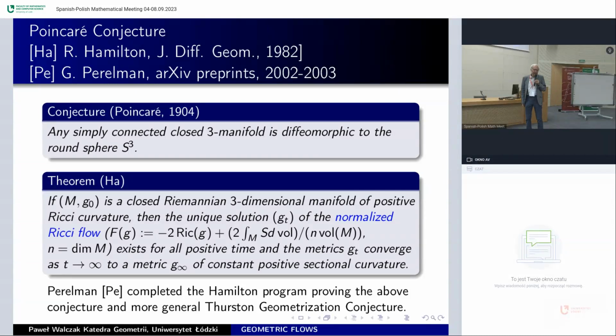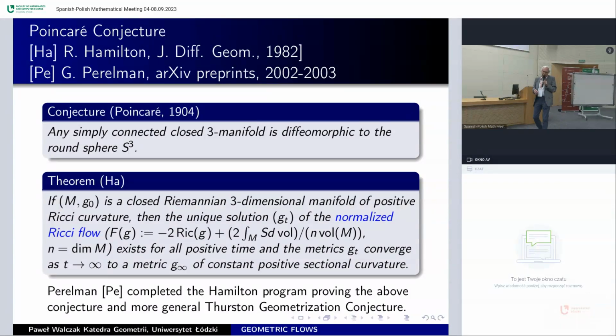And this was somehow solved step by step, and people involved in this story are Hamilton and Perelman. And finally, it is proved using the Ricci flow that indeed the conjecture is true. Every closed simply connected 3-manifold is diffeomorphic to the round sphere.